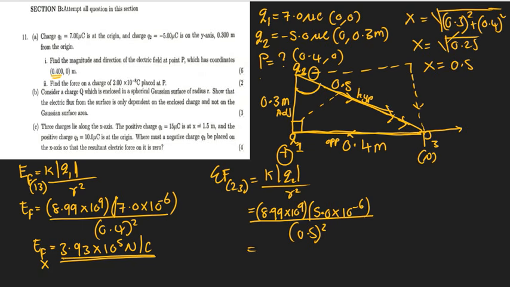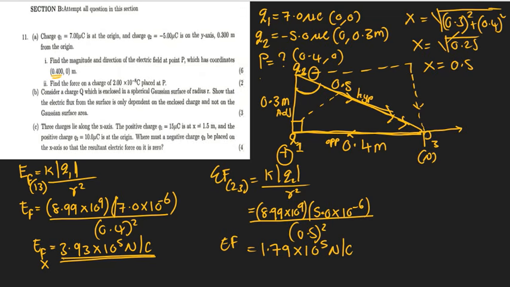So 8.99 multiplied by 10 to the power 9, then 5 multiplied by 10 to the power negative 6, divided by 0.5 to the power 2. So we are getting something like 1.79 multiplied by 10 to the power 5 Newton per Coulomb. Now, this one that we have is just the electric field in general.